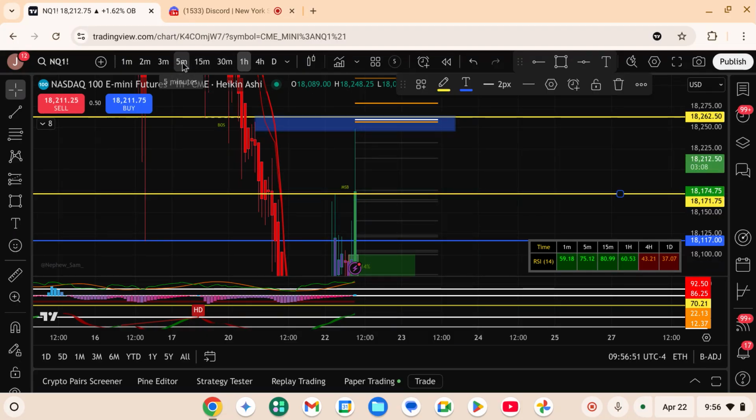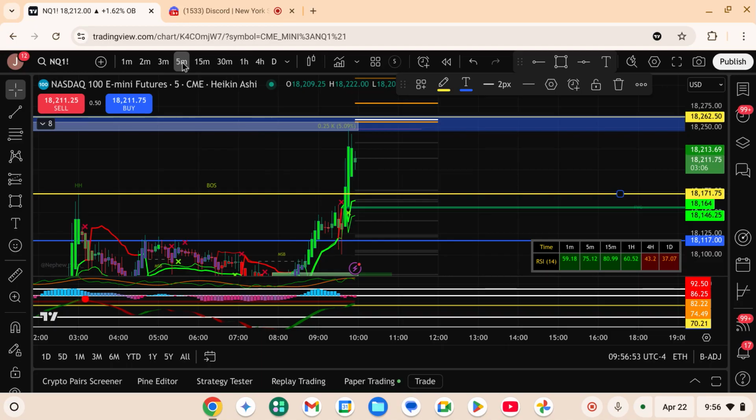And then if we look at it on the 5 minute, we got the VWAP or this gap that we can use for entry.